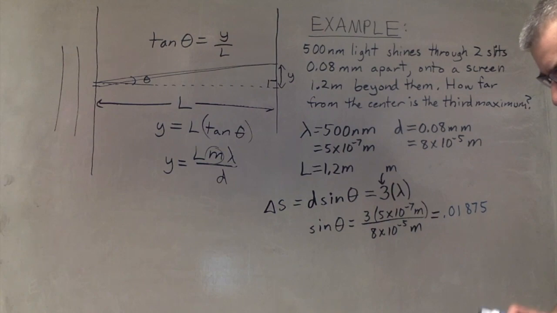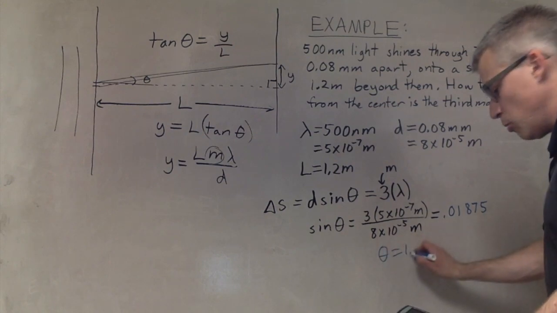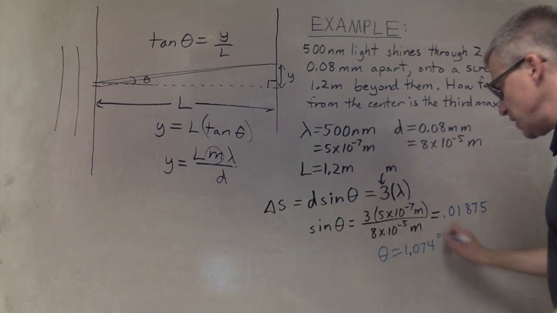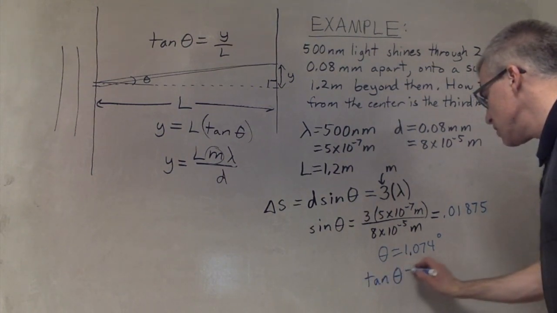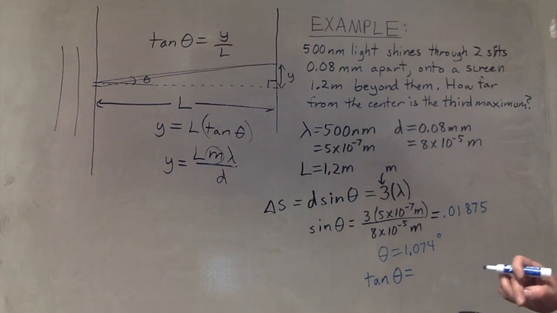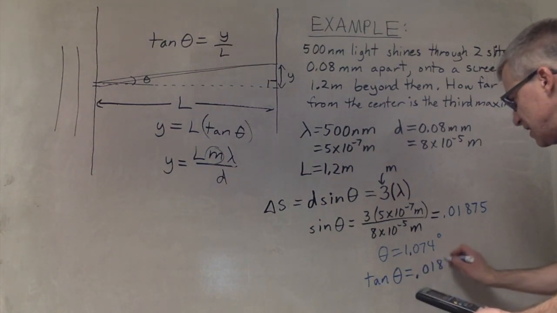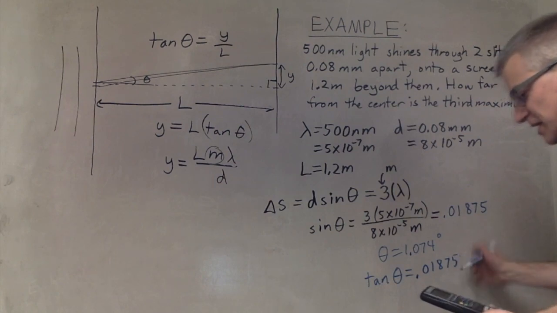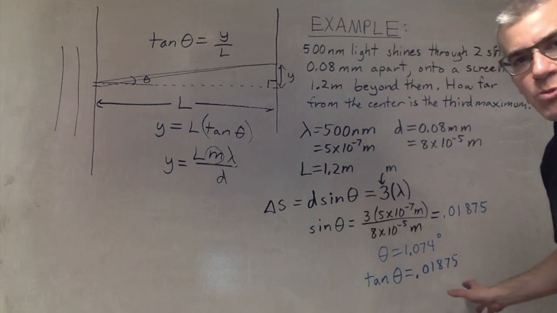If you're in degrees mode, the arc sine of that comes out to theta is 1.074 degrees. And then the tangent of that angle is 0.01873. So you can see it's pretty much the same. That's why the small angle approximation works so well.